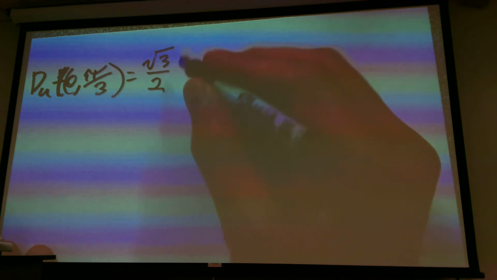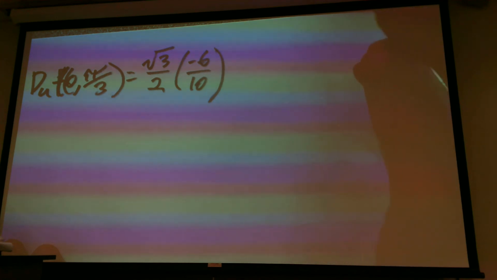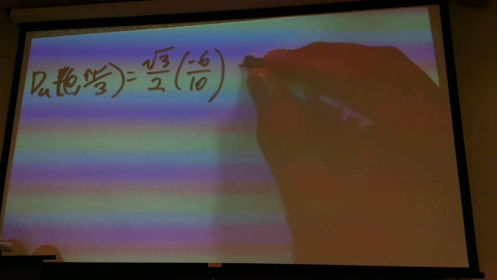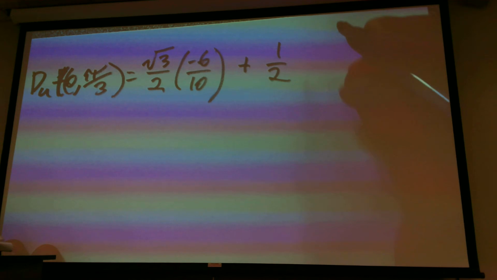All right, what is this going to equal? Our first partial derivative was root 3 divided by 2, and then we're going to multiply that by negative 6 divided by 10. Right? And then our next one is going to be plus 1 divided by 2, multiplied by 8 divided by 10.